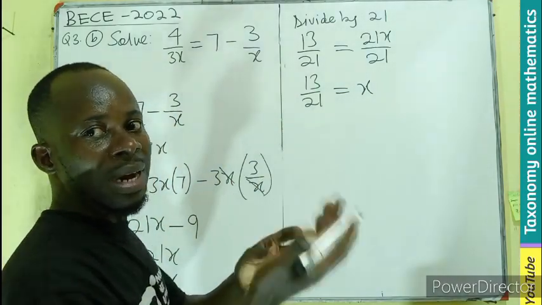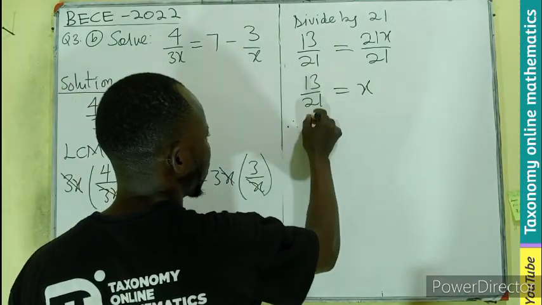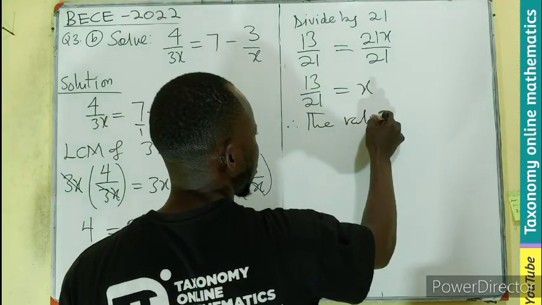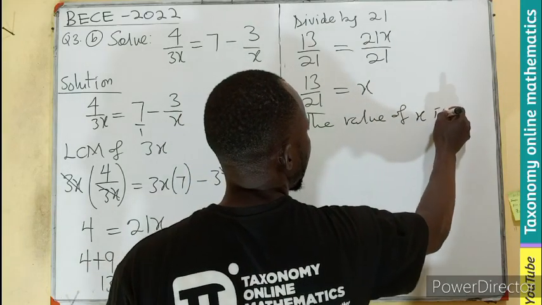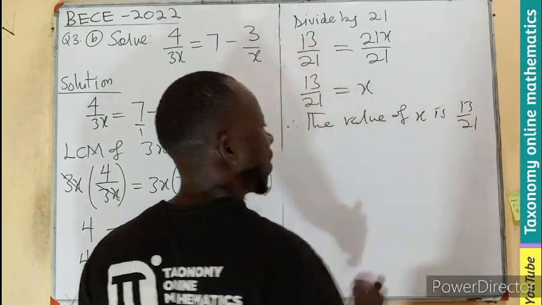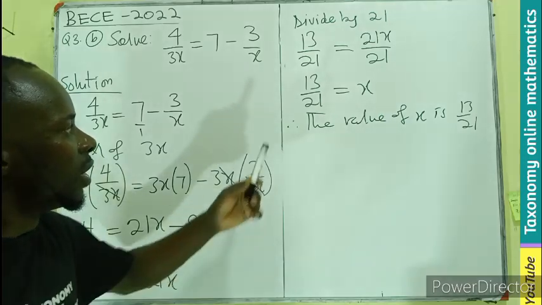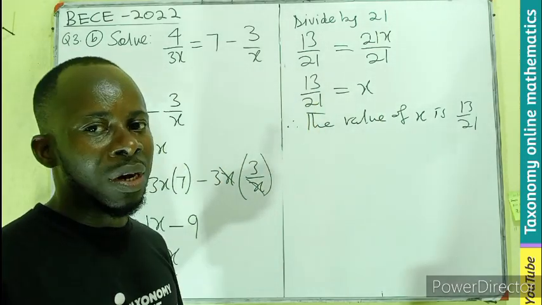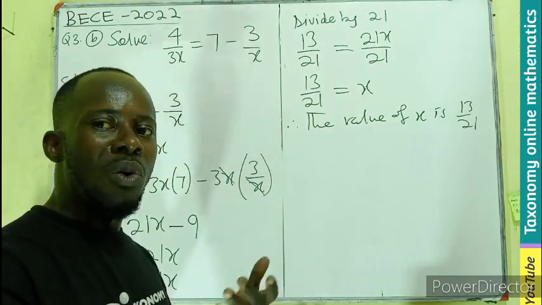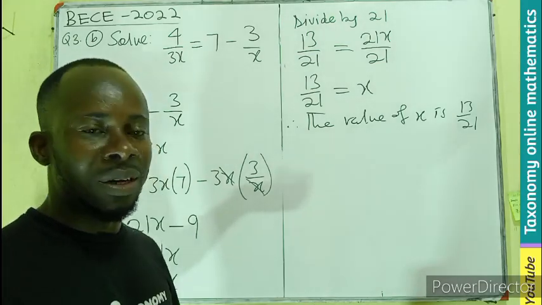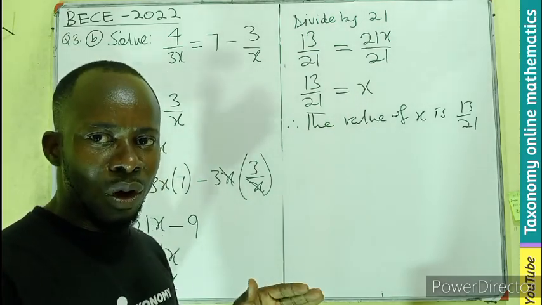The left is the same as the right. So therefore, the value of x is going to be 13 divided by 21. We know this is a proper fraction, so we can't convert it into a mixed fraction, but we can leave it in this form.